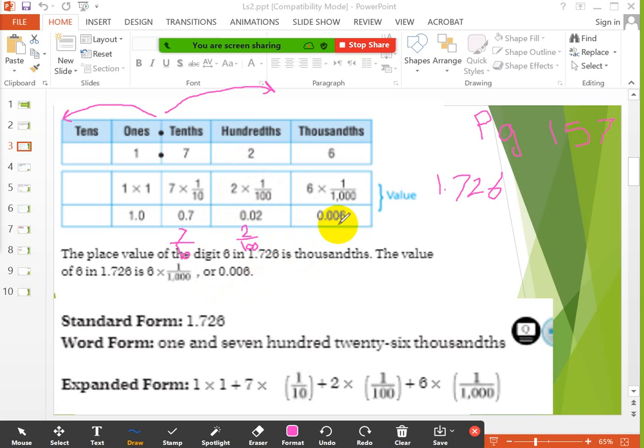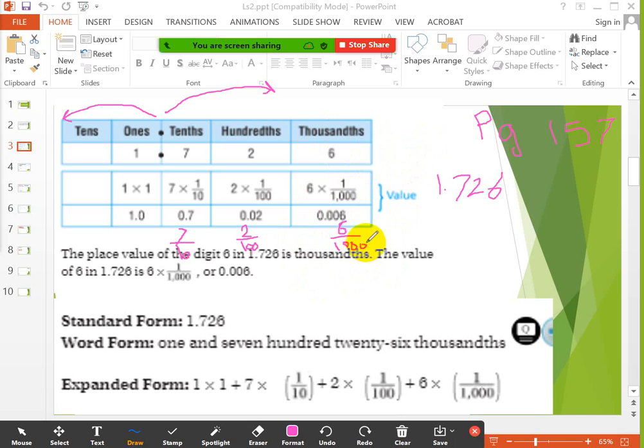Also, if I want to write this number as a decimal fraction, this is 6 thousandths. I told you in the first lesson, it will be 6 over 1,000, because the number lies in the thousandths digit.